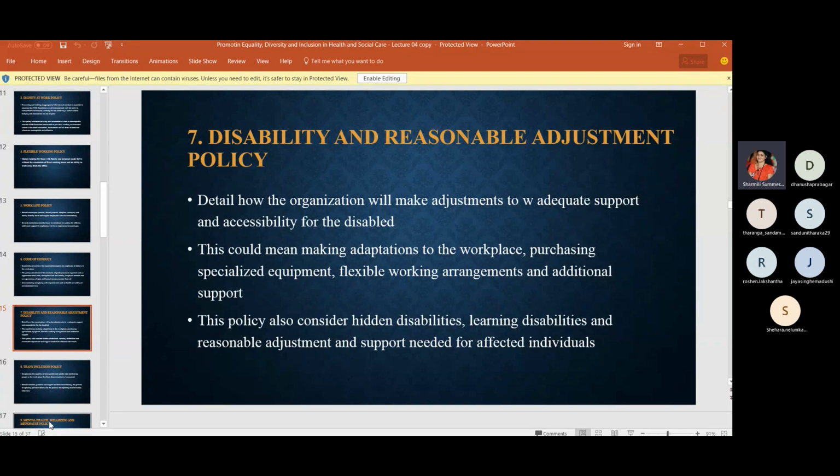First we need to see whether the person can suit that position, although he or she has the disability. When we talk about nurses, if an individual is wheelchair bound, we can't select that person for the nursing job.